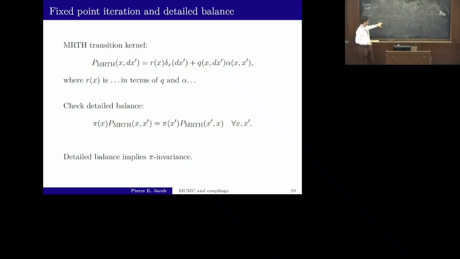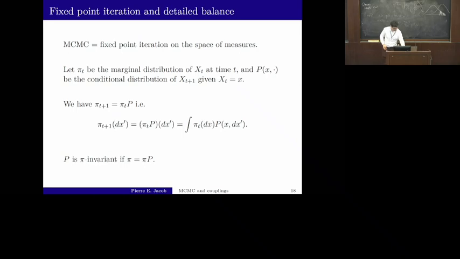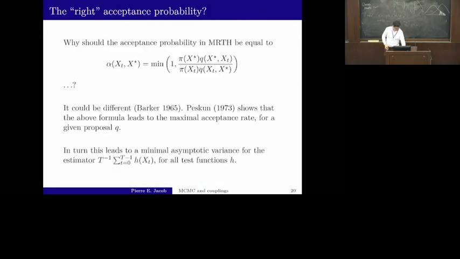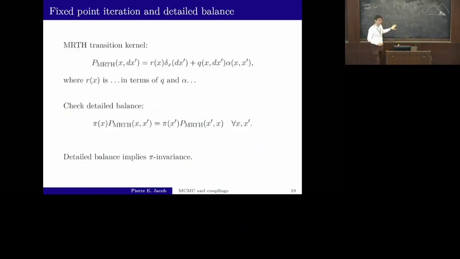Right, so now you can put pi inside as well, if you want. So here there was a 1, a minimum of 1 and the ratio. I put that q of x prime inside. So I have this. But then I can also put pi of x inside, so on both sides.